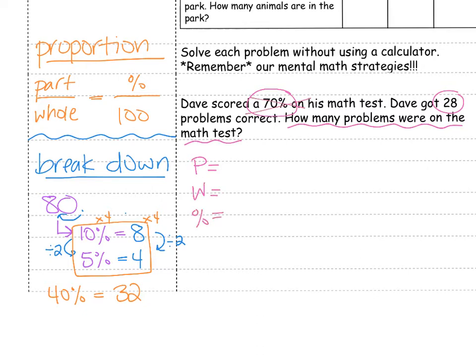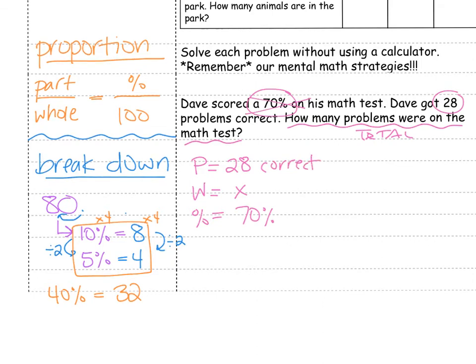I know 70 is clearly my percent. And then I have 28 problems correct. How many were on the test? When we think about the whole, we can think about the total. So the total problems on the test is what we're trying to find, which means 28 is the problems correct.